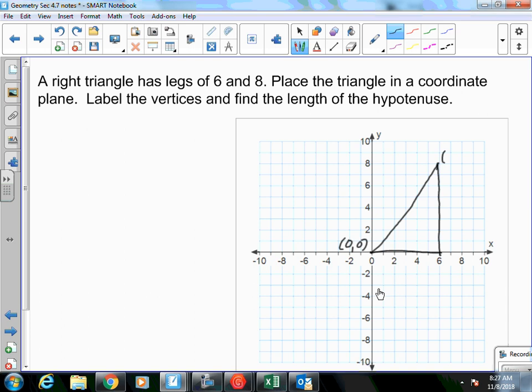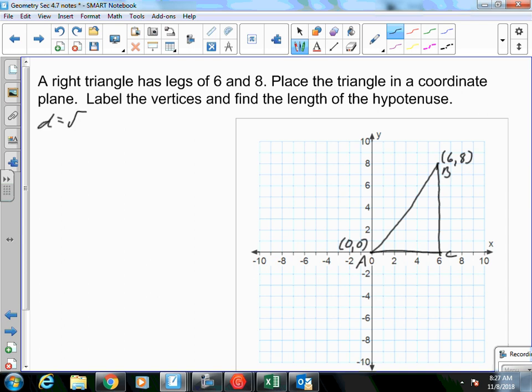And the other end of the hypotenuse is going to be (6, 8). Now to label the vertices, A, B, C. And then we're going to find the length of the hypotenuse.